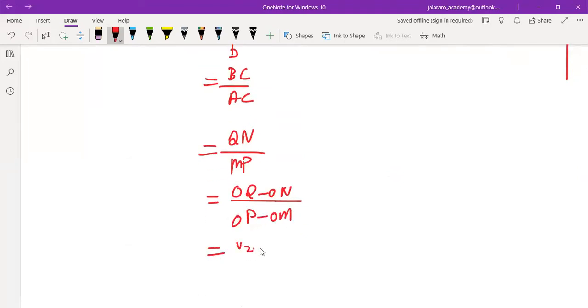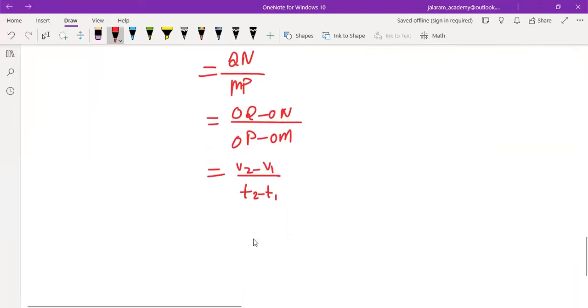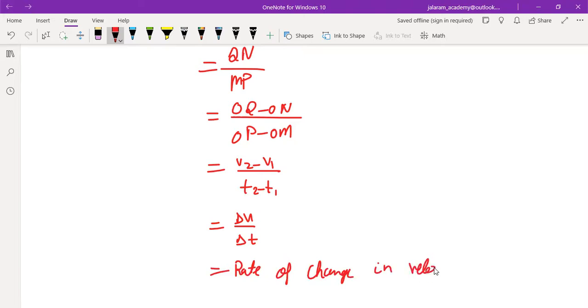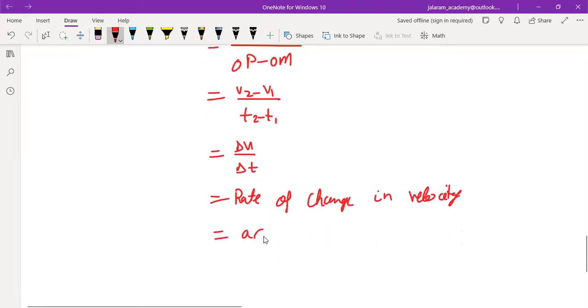So it is V2 minus V1 upon T2 minus T1, that is delta V upon delta T, that is rate of change in velocity, which we know that is equal to acceleration.